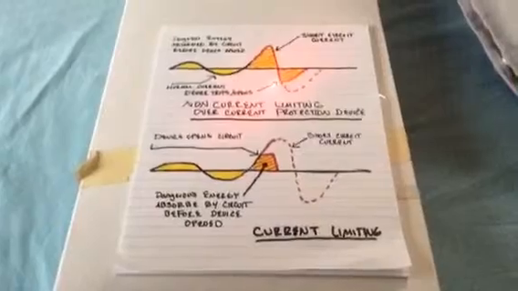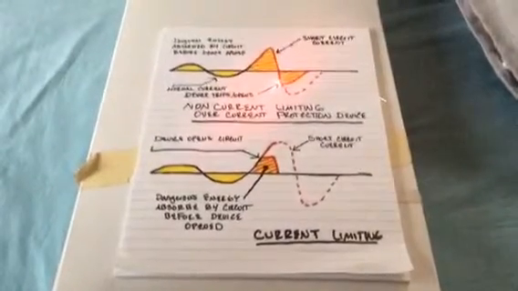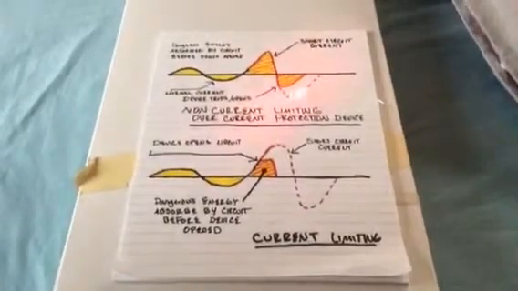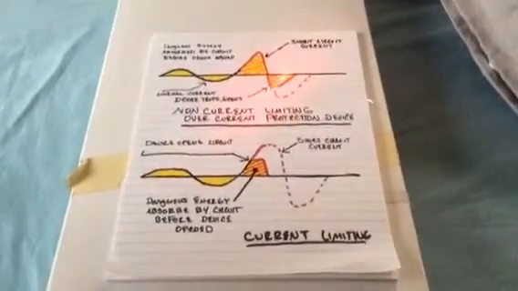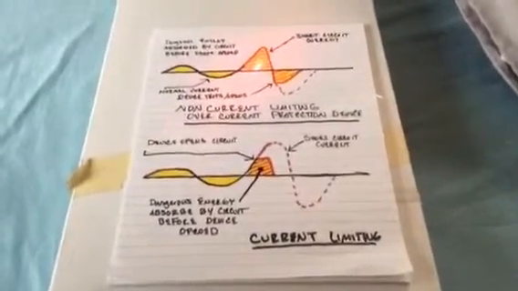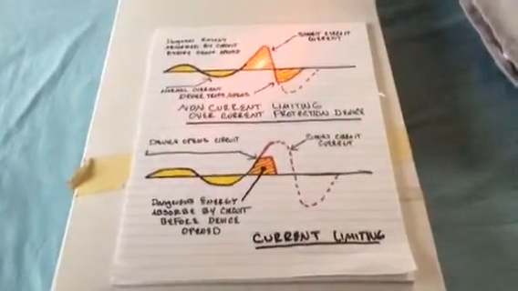We can see here where it eventually opens up, and you can see the current here flowing through. But as you can see, it takes a lot longer with the non-current limiting device, causing a lot more damage to the components and wiring.